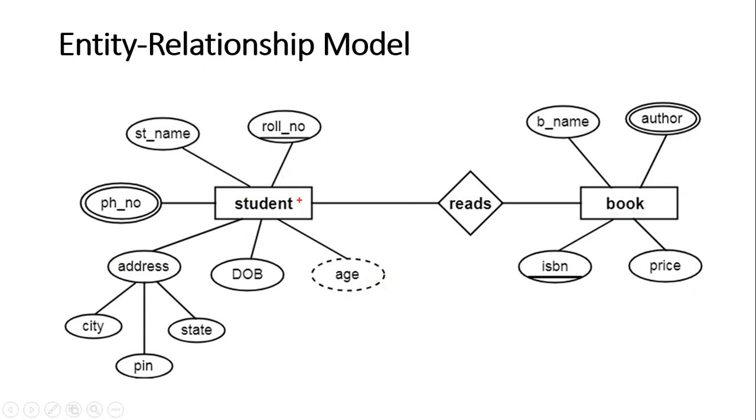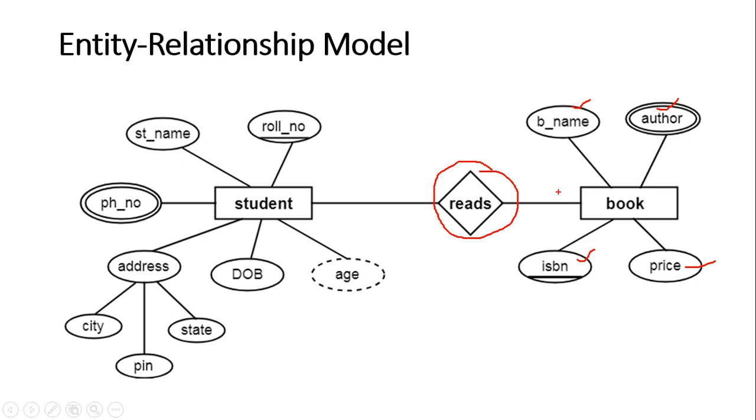This entity student is connected to the other entity called book, which is characterized by the book name, the authors, the book ISBN number, the price, and so on. These are all the properties or the characteristics or the attributes of the books. So what is the relationship? A student reads. So this is the relationship.